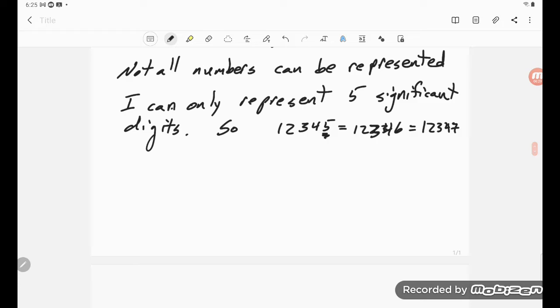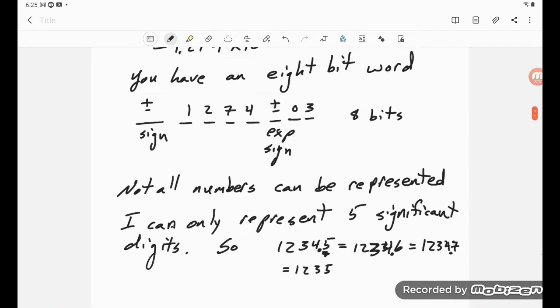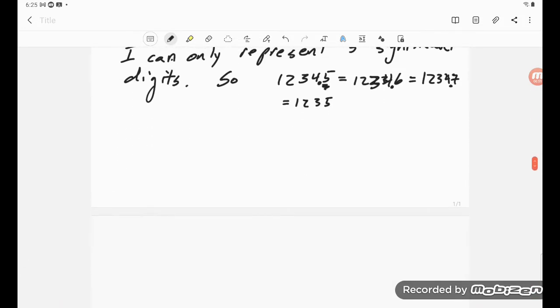That is if I had rounded up. I guess these would all round up to 1, 2, 3, 5. Right, so we'll say equals 1, 2, 3, 5. Okay, I'll put a decimal point on those, like that. All those numbers would end up having to equate to 1, 2, 3, 5. So I can't represent all numbers.